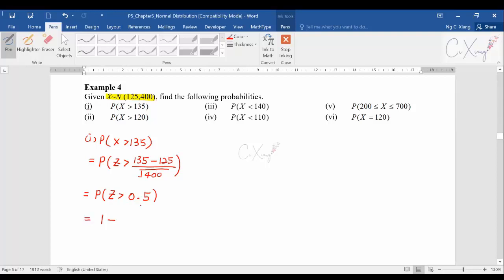What do you get? You should get 0.6915. Therefore, after you subtract it, the final answer for z greater than 0.5 is 0.3085. Again, if you want to be safe, you can change it to 3 significant figures.